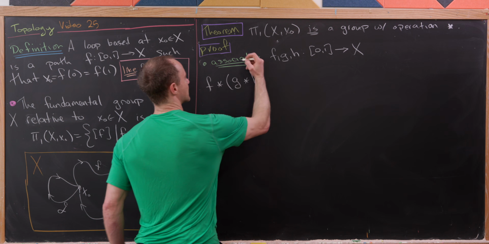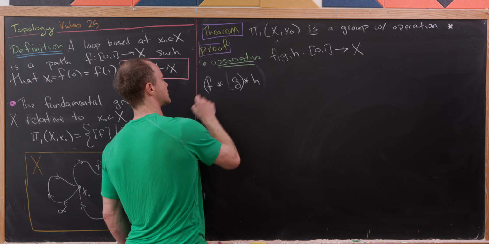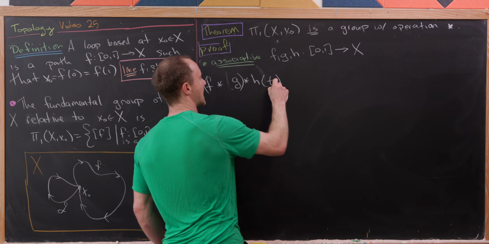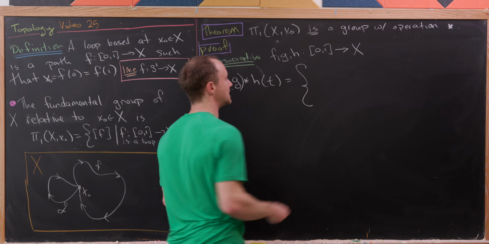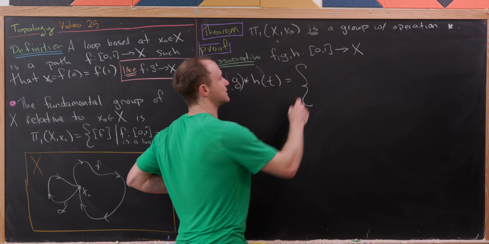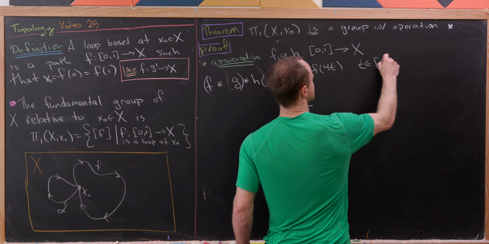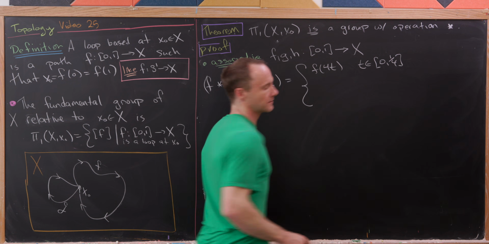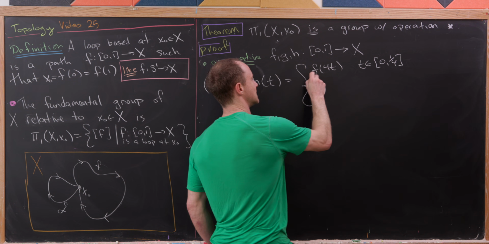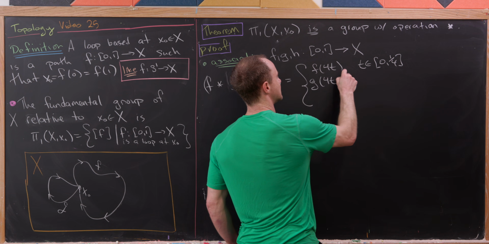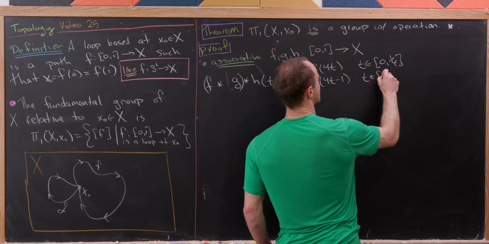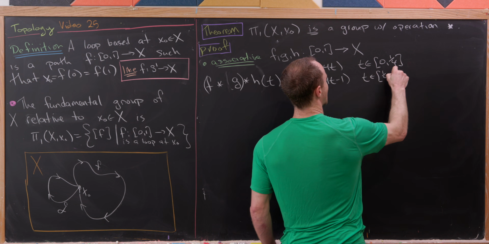So if we've got, let's do it in this order, f star g, and then star h, and then evaluate that at t, you get the following. So this is going to be f of 4t, if t is on the interval from 0 to quarter. And then after that, it's going to be g of 4t minus 1 when t is on the interval from quarter to half.